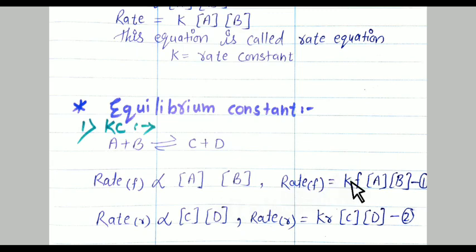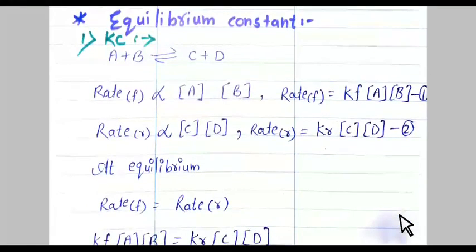For the forward reaction we use Kf, and for the reverse or backward reaction we use Kr. So we get two equations, 1 and 2, one for the rate of forward reaction, another for the rate of reverse reaction. Now at equilibrium position, the rate of forward reaction is equal to the rate of reverse reaction.